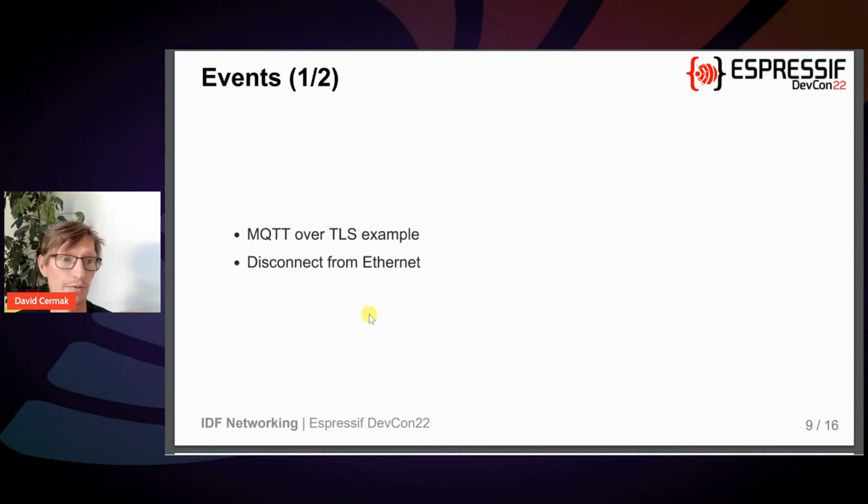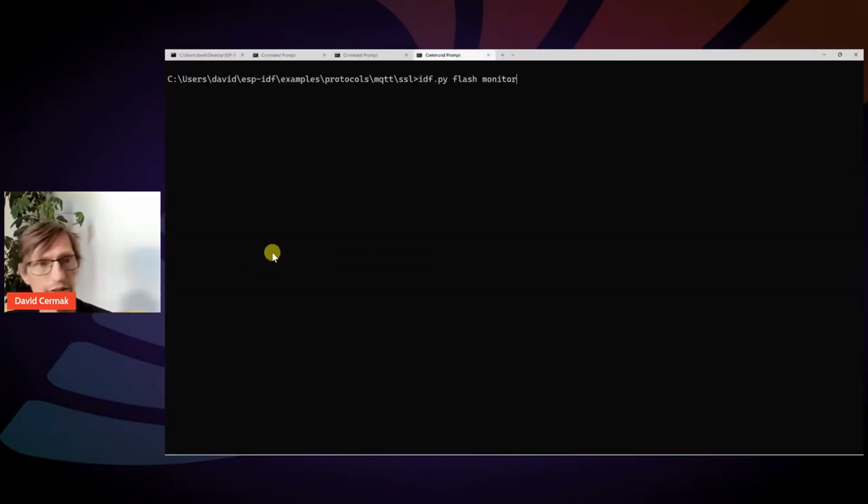So let's jump to the first example and look at the events. In the motivation slide, I talked about this MQTT over TLS example, and what happens if we get disconnected from Ethernet. Let's run this example.